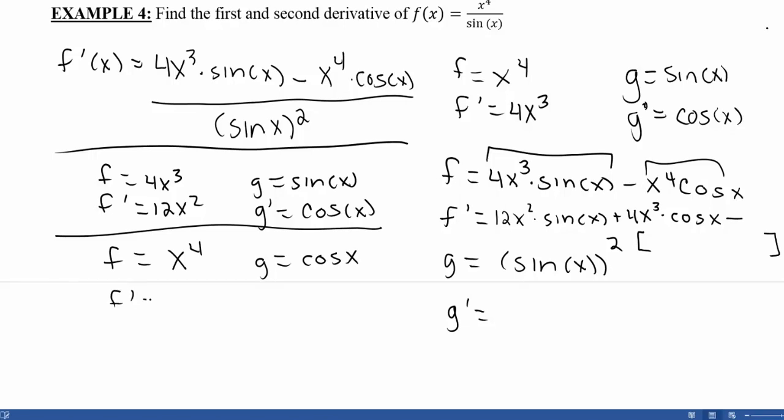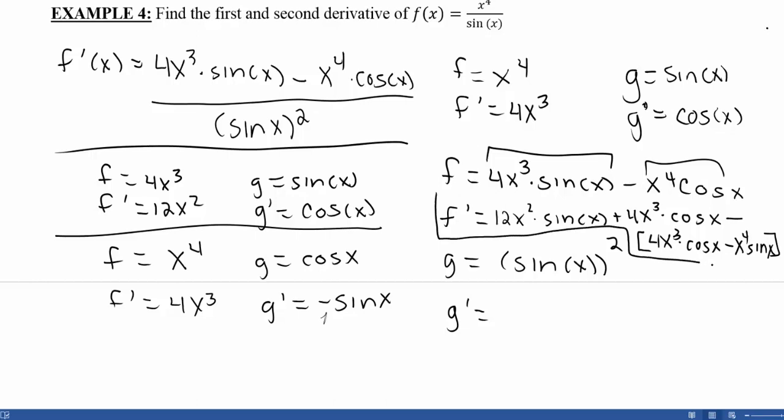My f prime is 4x cubed, and my g prime is negative sine x. So f prime times g is 4x cubed times cosine x. Now minus, because of the minus from the sine, minus x to the fourth sine x. So remember, my first derivative is this whole entire term.